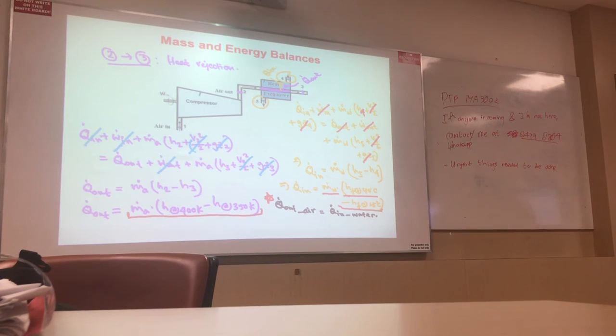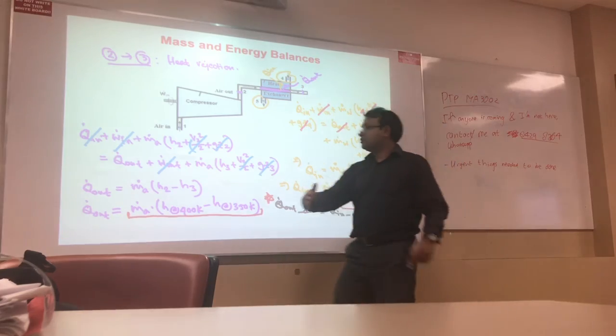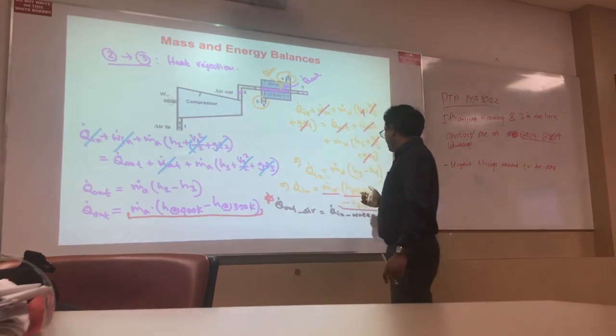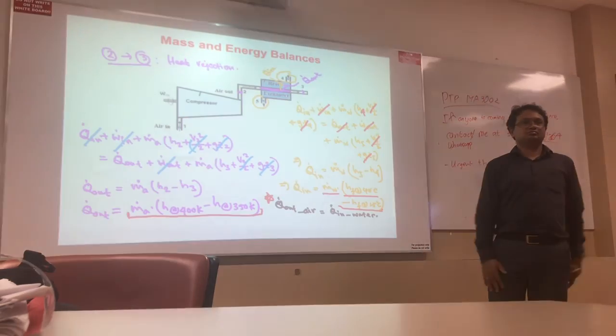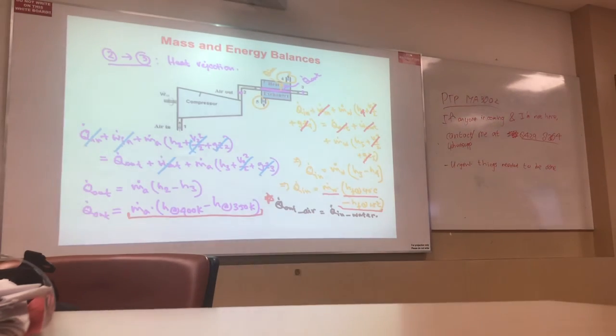Correct. Now I can easily calculate m dot water because I know everything here from the table. Right? And the question is solved. All right. Can I go next?